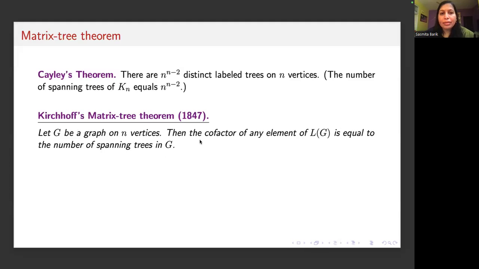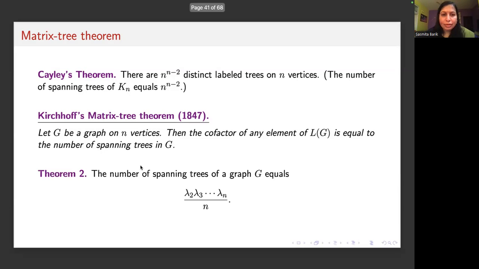This result says that if you just look at the cofactor of any element of L(G), because for any element the cofactor gives the same value, as we observed, then the cofactor of any element will give you exactly the number of spanning trees of G. Cayley's theorem can come as a corollary, but we'll look at the proof of this.